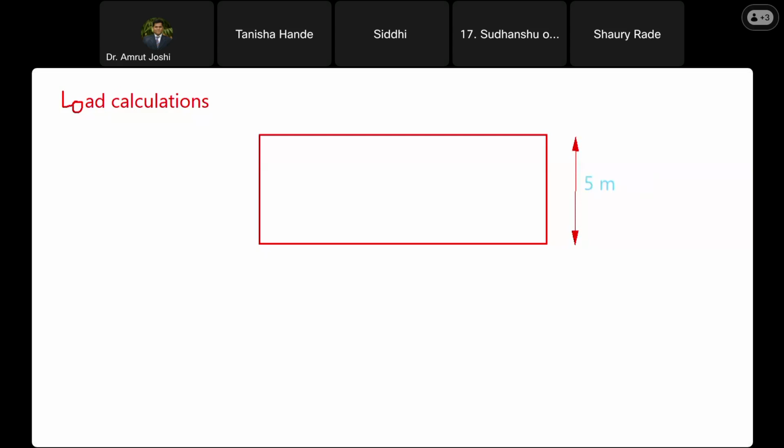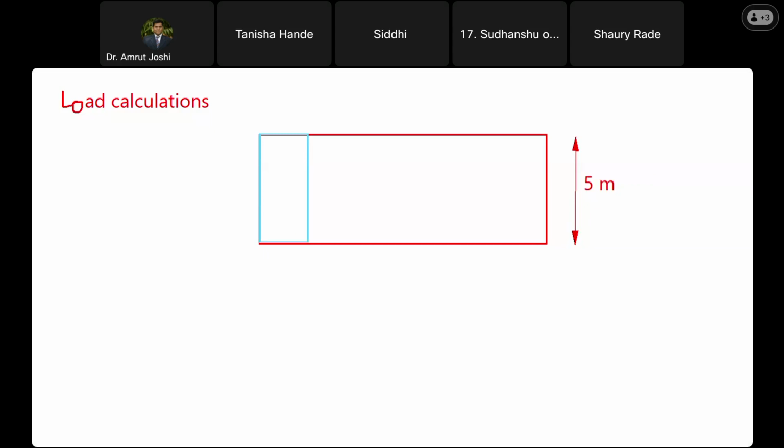Are you with me? Yes, sir. And I'm going to consider only a 1 meter wide strip in this slab. So like this. How much is this? Let me consider 1 meter.